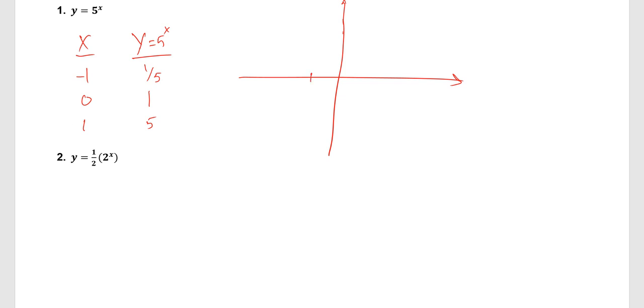So -1, 0, +1. At -1, so let's say we have 1, 2, 3, 4, 5. Okay? So -1, y should be 1/5, so somewhere here, right? At x equals 0, y should be 1. At x equals 1, y should be 5.